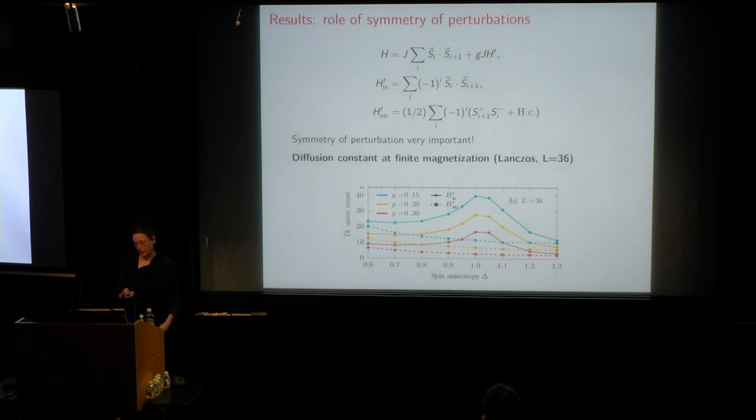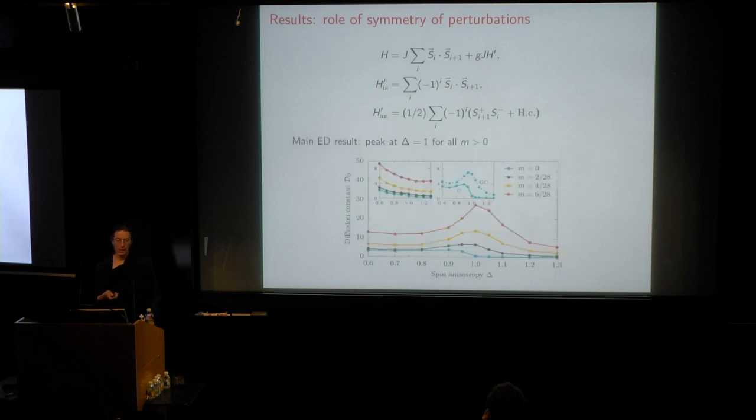So that is already the first hint that something interesting is happening at the isotropic point, with very pronounced diffusion constants. Then again, as in ED, when the magnetization was lowered, this peak was going down and perhaps moving towards smaller anisotropies. But from comparison of canonical and grand canonical results, we thought this could be just a finite size effect.